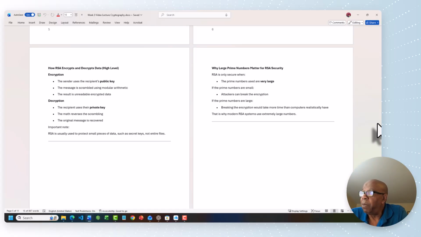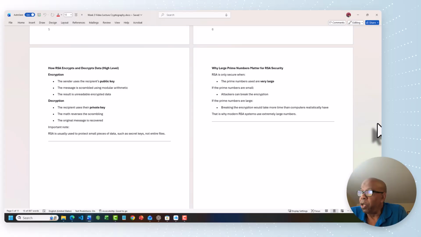Why do large prime numbers matter? RSA is only secure when the prime numbers used are very large. If the prime numbers are small, attackers can break the encryption. They can figure out how to get in and find out what they need to decrypt a particular message or key.